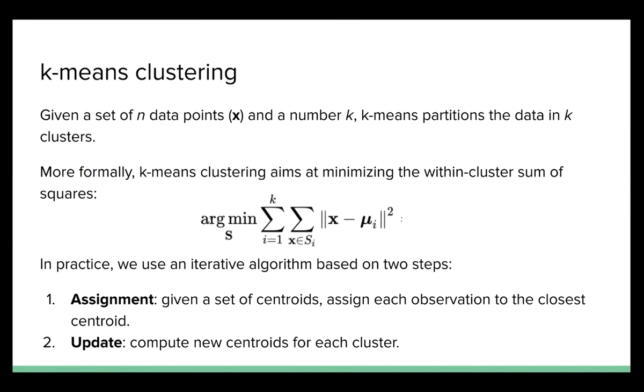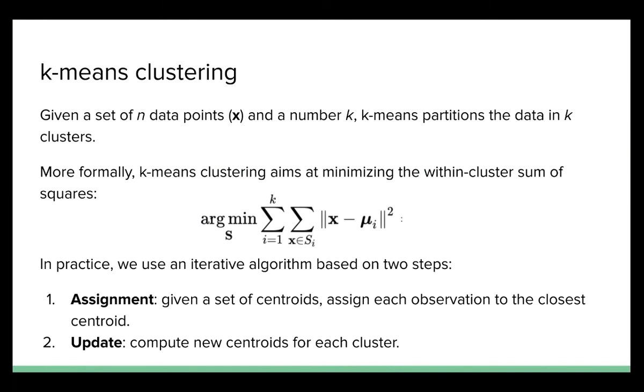So let's talk about k-means clustering more specifically as the choice for unsupervised clustering here. I'm going to briefly introduce the algorithm if you're not familiar with it. For a given set of n data points x and a number of clusters k, the algorithm partitions the data into k clusters. It partitions the different observations into k clusters.